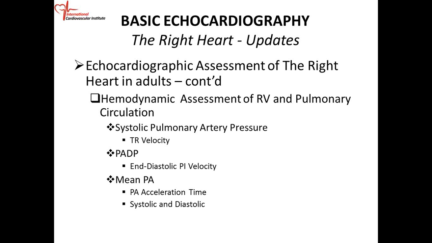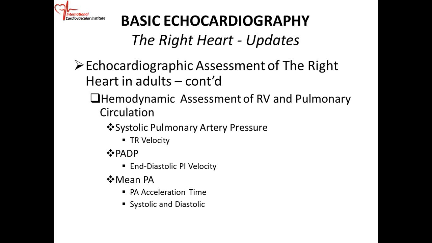To get your systolic pulmonary artery pressure, you just add the right atrial pressure. But you need to have tricuspid regurgitation. Fortunately, in 80 to 90% of normal individuals, there's some amount of tricuspid regurgitation. So you can almost always get your systolic pulmonary artery pressure.